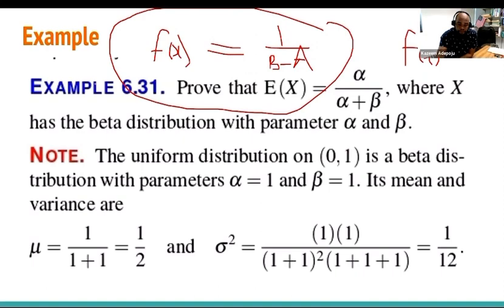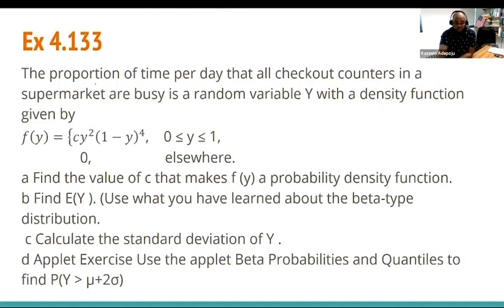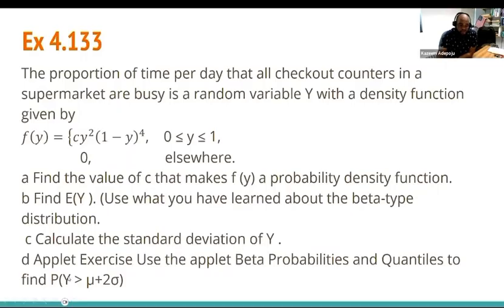Now, there's an exercise that I left for you here. If you take a look at what you are seeing here, give me 1 second. If you take a look at what I have, you're going to see that this is looking like a beta distribution. You can see y in (0, 1). What if I say find the values of c that make that a valid density?